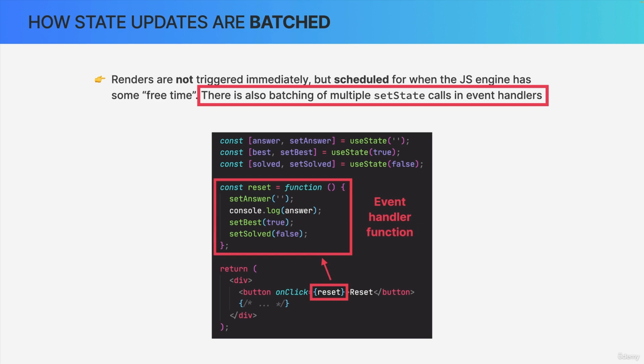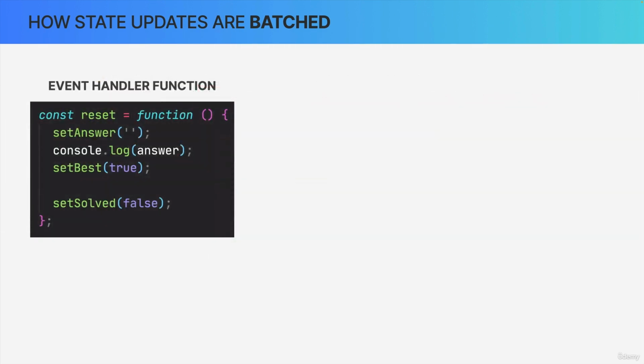In this function, the 3 pieces of state answer, best, and solved are basically reverted back to their original state. And therefore, this function is called reset. Now, actually, this is the part that interests us in this lecture. And so let's now focus only on the event handler function.